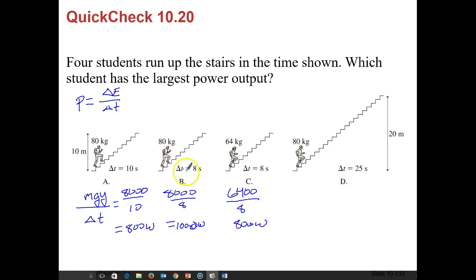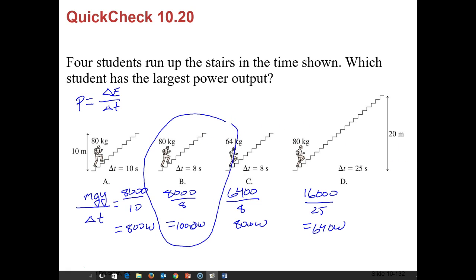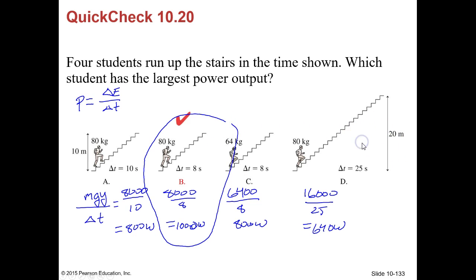So A and C are equal. Right now B is winning. And finally, we have 80 times 10 times 20, and so that would be 16,000 divided by 25, and if you do that, you should end up with an answer of 640 watts. So our winner here has got to be letter B, and that should be the correct answer, which it is.